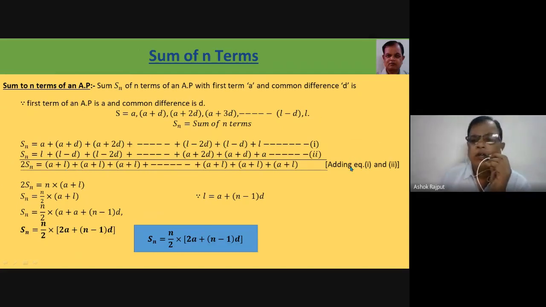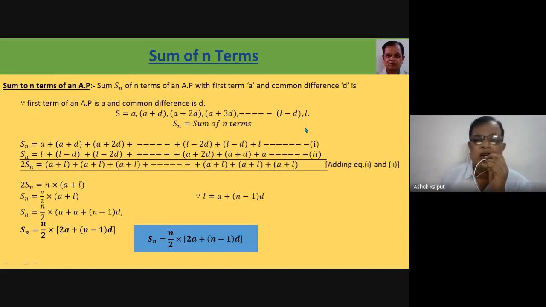Now we add equations 1 and 2: S_n plus S_n is 2S_n. Now we see the first term and last term, a plus l. If we add these two, d cancels, so it is also a plus l. If we add these two, 2d cancels, so it is a plus l. Here also 2d cancels, it is l plus a, or a plus l. Here also d cancels, it is a plus l, and at the end it is also a plus l.